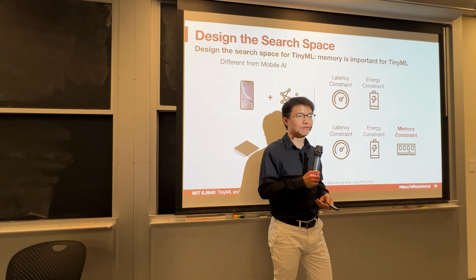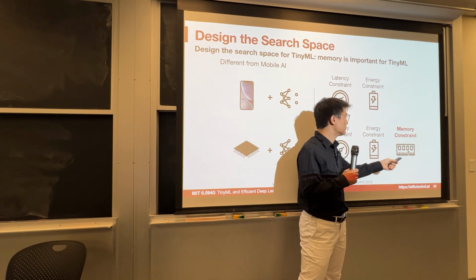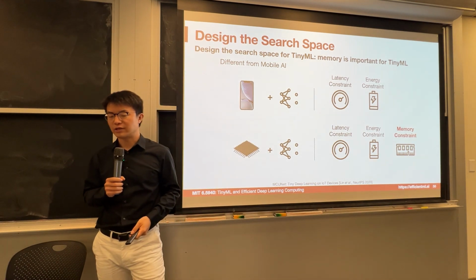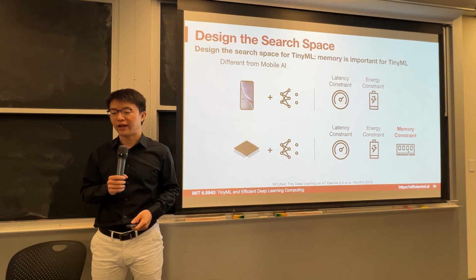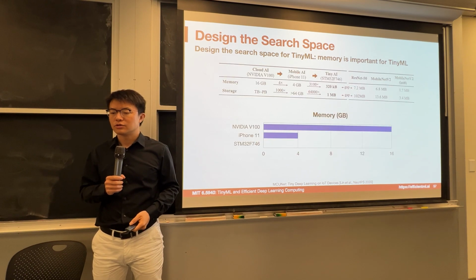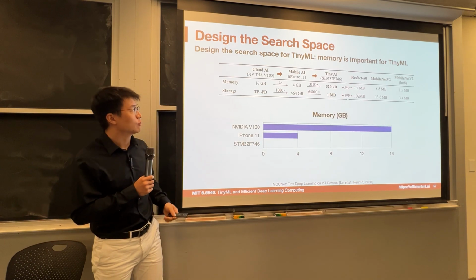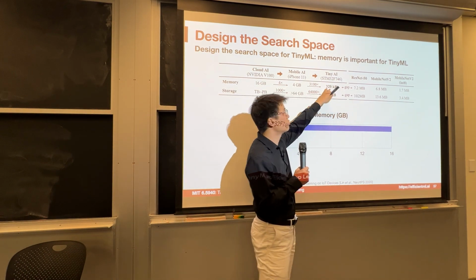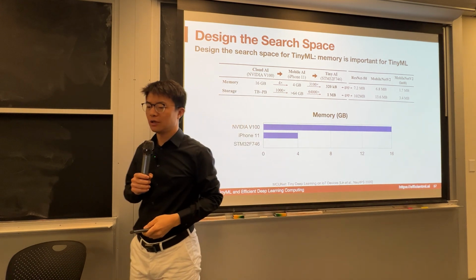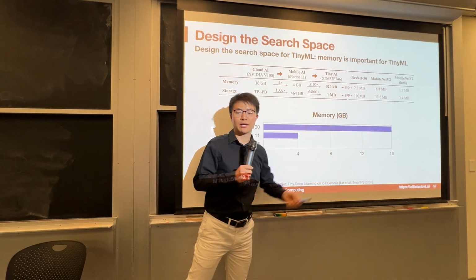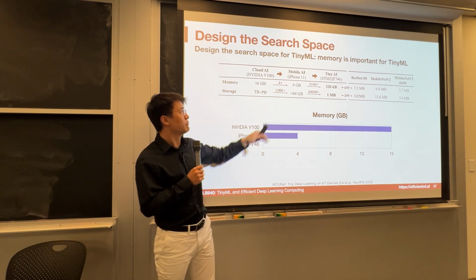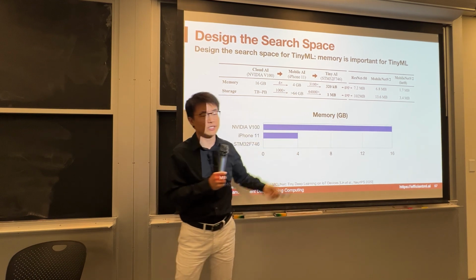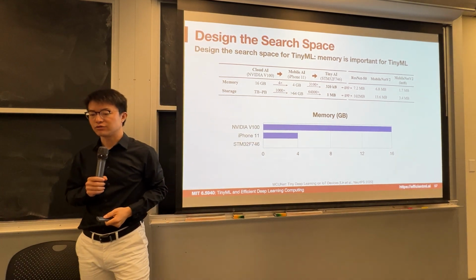A mobile phone can easily have 4 or 8 gigabytes of memory, but these IoT devices only have a few hundred kilobytes of SRAM and 1 or 2 megabytes of flash. So how do we design a model to fit such tight memory constraints? Like this microcontroller has only 320 kilobytes of SRAM and only 1 megabyte of flash, compared to a phone that has 4 gigabytes of memory and more than 64 gigabytes of storage.